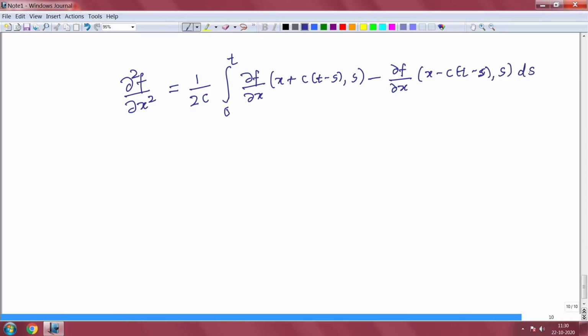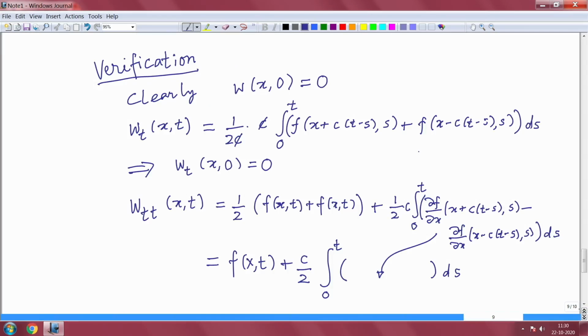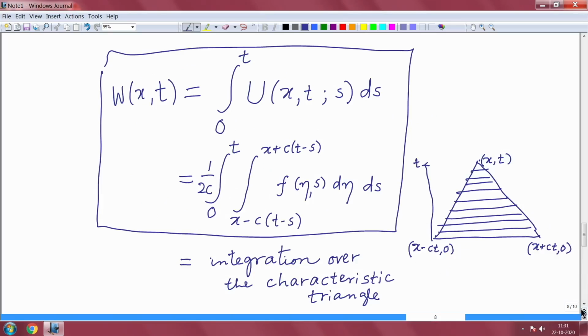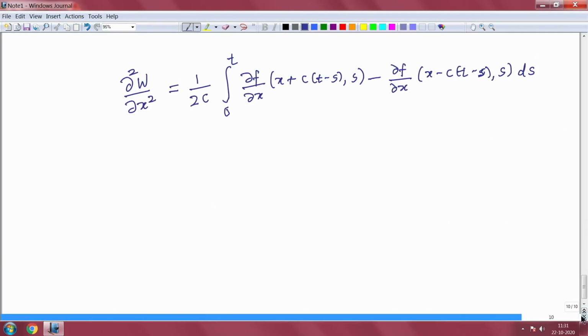So using this computation, you immediately see, sorry, it is not f, it is w, del square w. Let me show you that. So w t t is f of x t plus c by 2 this integral, and w x x, the second derivative with respect to x, there is no f t term here.